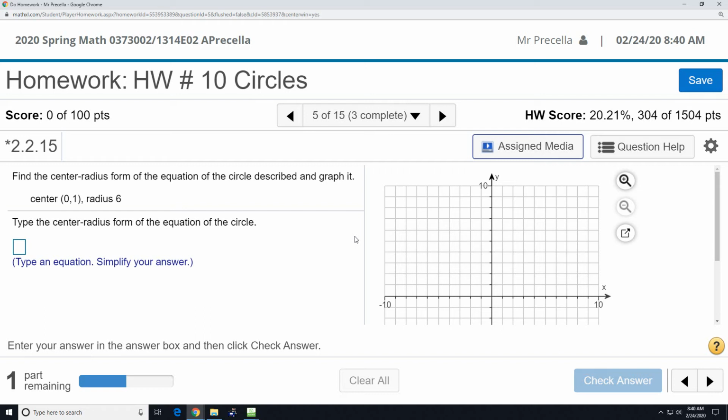The radius is 6. So the center is 0, 1, and the radius is 6. We're finding that center radius form of the equation.